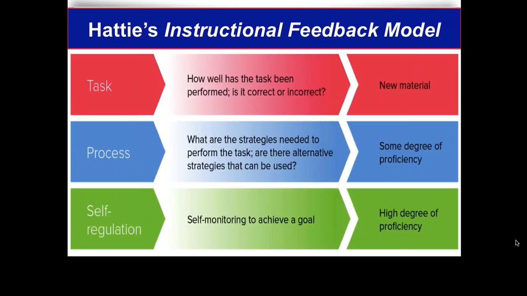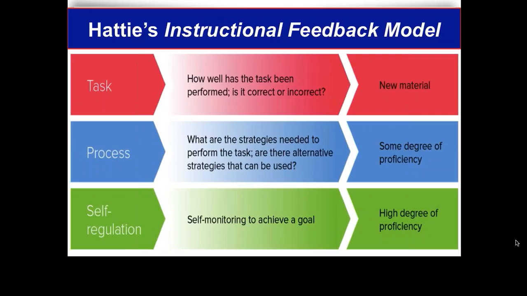Process feedback around the strategy students are using to perform, when there's some degree of proficiency. Well, why do you think you have 2 of these 3 criteria? What do you think you're missing? Self-regulation, when there's a high degree of proficiency, and we'll look at that when we get into some of the exceeds category. What would be above and beyond related to that standard, and give the students some choice in terms of how they could go above and beyond. I want to stress, with some constructed response items, we might not have an above and beyond. Sometimes we will.